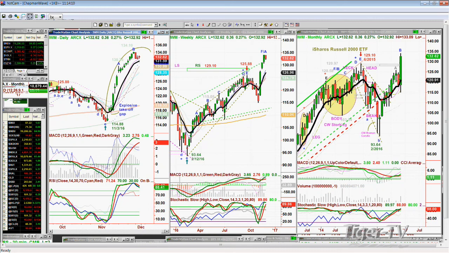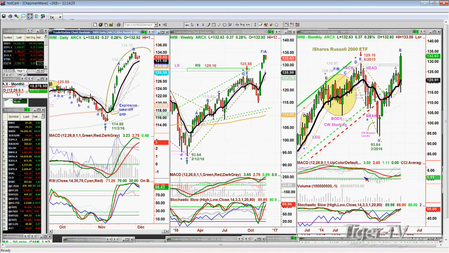I guarantee you that there are people that from November the 9th are still waiting to cover the shorts if they weren't stopped out because they put their buy stops in. But if they never did that, I would not be surprised if we still have short covering underway, and it could go on for a little longer.